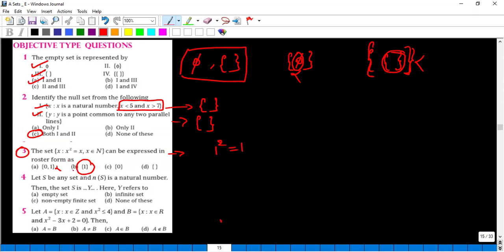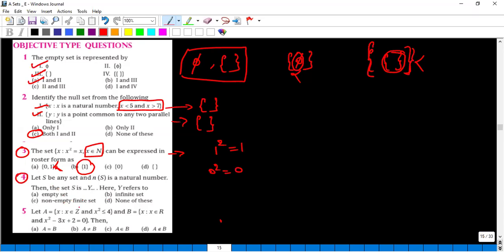Why am I not taking this? 0 square is 0, of course, but what is the condition we have here? The condition is x belongs to N, meaning natural numbers. 0 is not a natural number. That's why I am not taking this. Okay. Option B is correct.